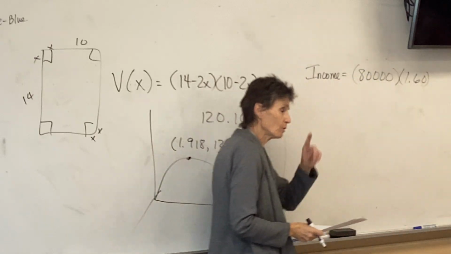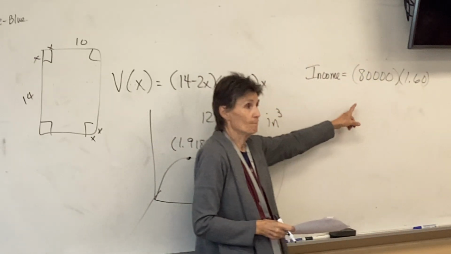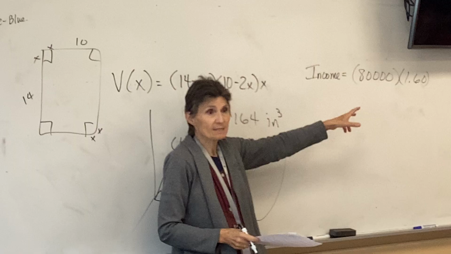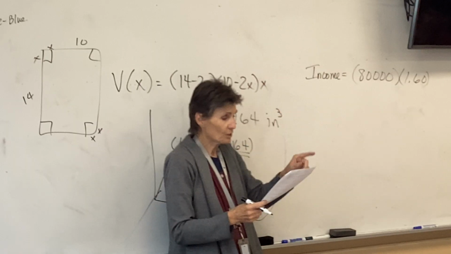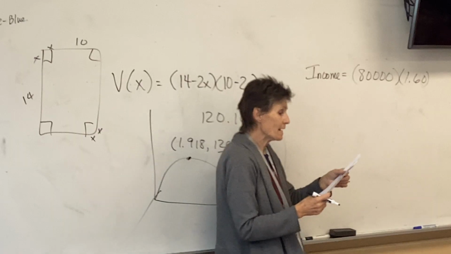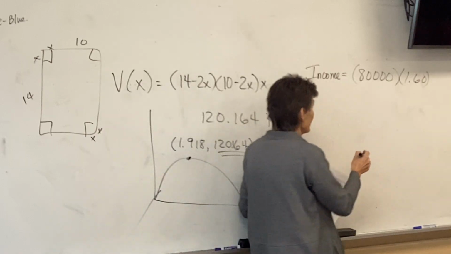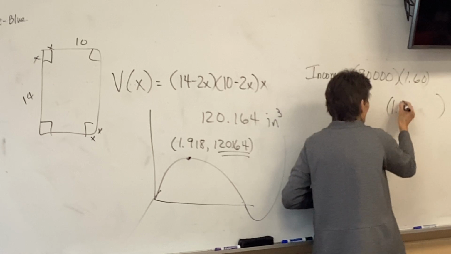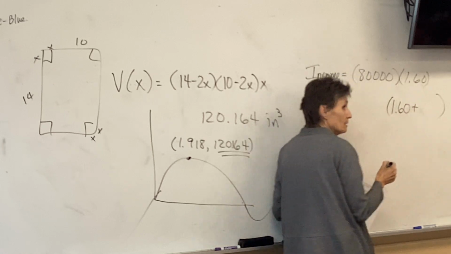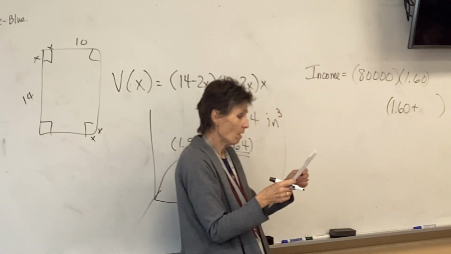So would you agree that that's your income? 80,000 magazines, $1.60 each. Now what are you gonna do? You're gonna raise the price of your magazine. So this right here is gonna go up by how much?